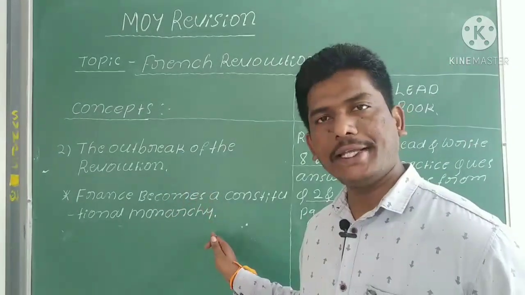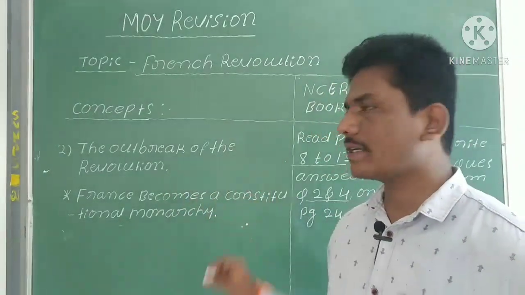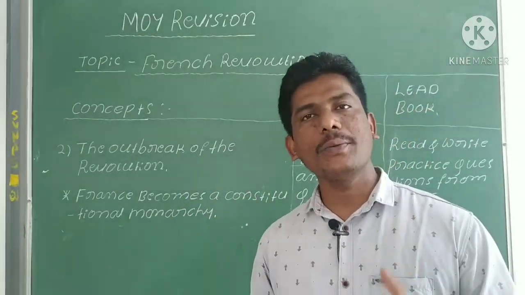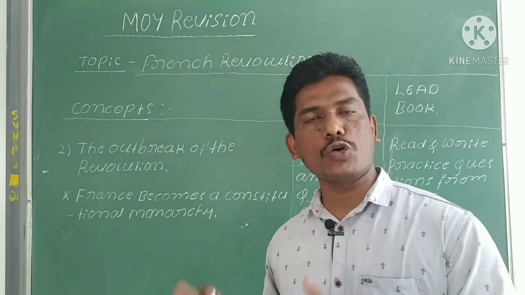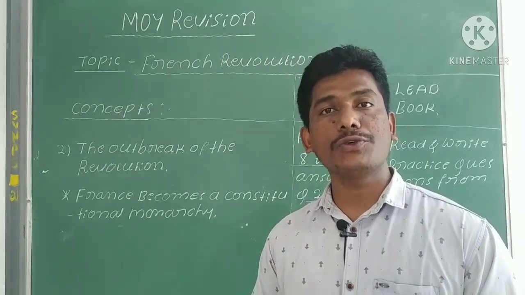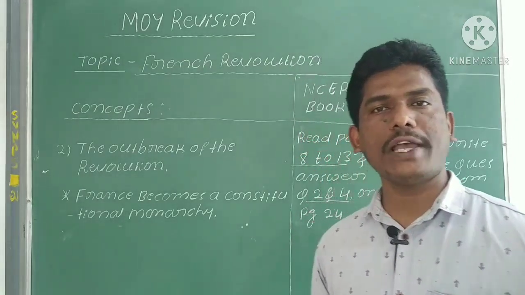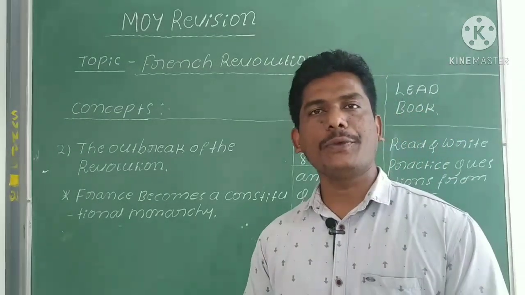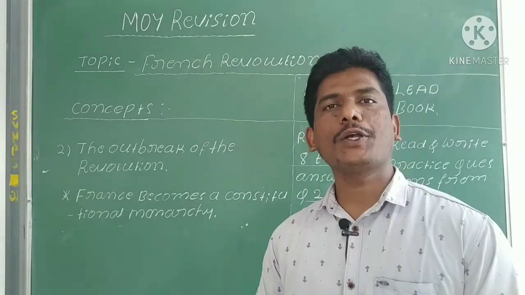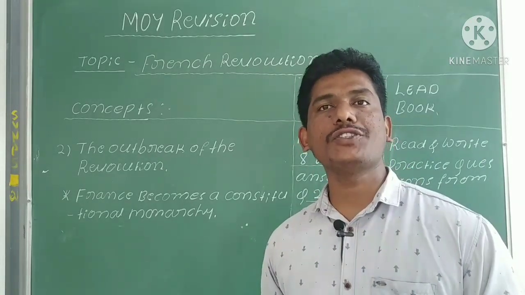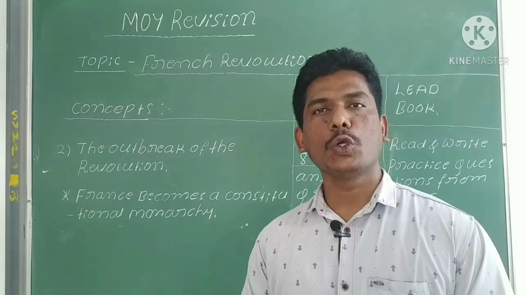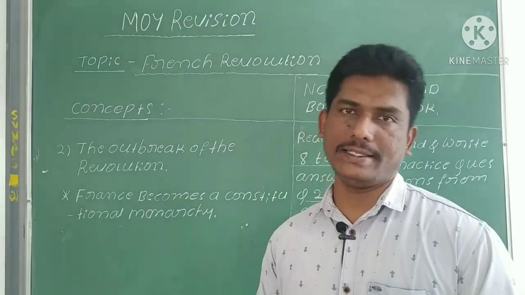While reading the textbook, dear children, please try to understand how French society caused the French Revolution during the 18th century. As you already know from the previous classes, many causes led to the French Revolution against Louis XVI in France.